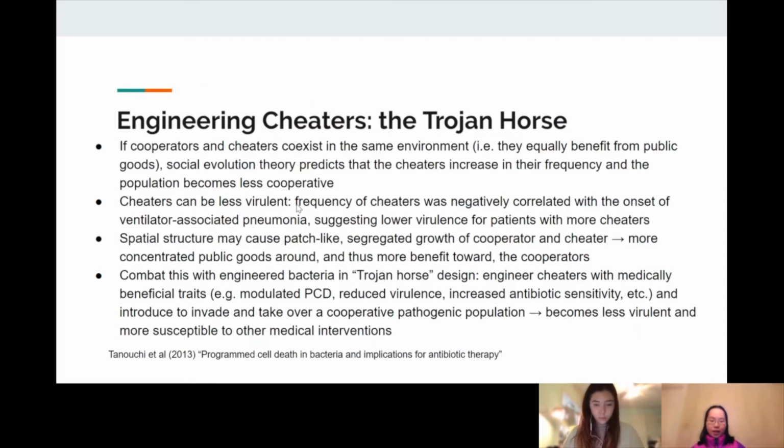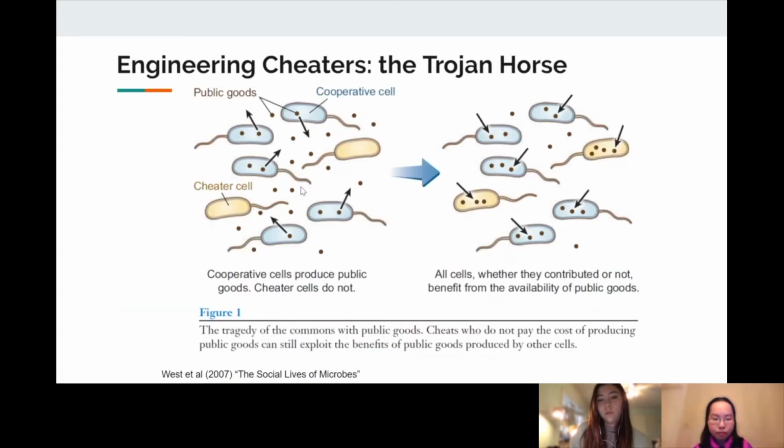Now, this is a lot of text, so we're going to go through this pretty slowly. If cooperators and cheaters coexist in the same environment, so they equally benefit from these public goods, social evolution theory predicts that the cheaters increase in their frequency and the population becomes less cooperative. This makes sense.